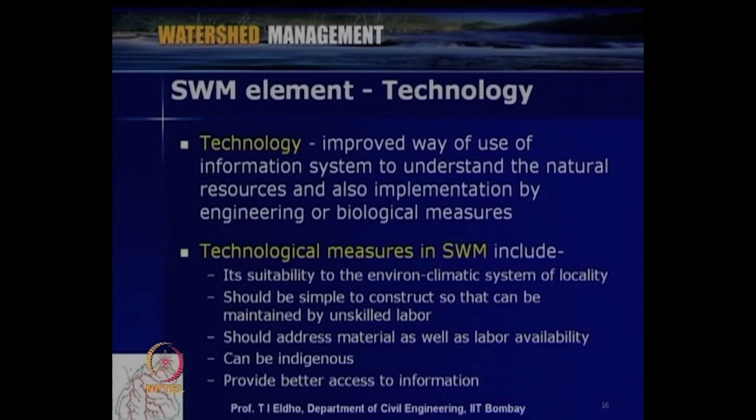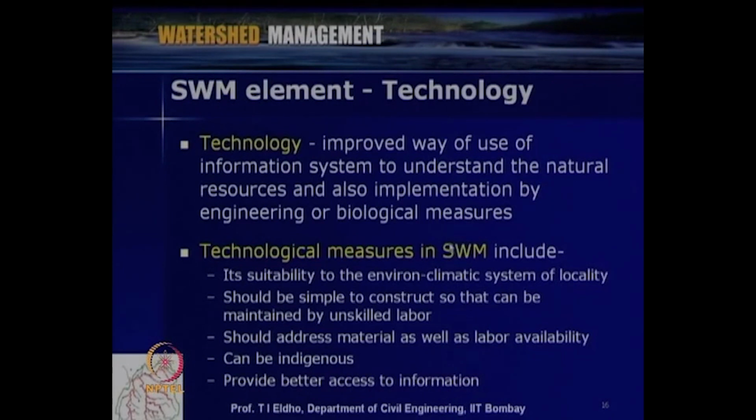The improved technology is the improved way of use of information systems to understand the natural resources and also implementation by engineering or biological measures. So, these are the technological issues as far as the sustainable watershed management element is concerned.